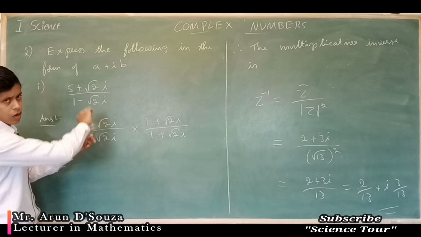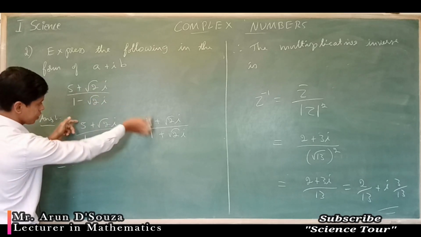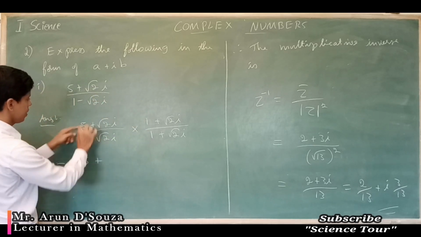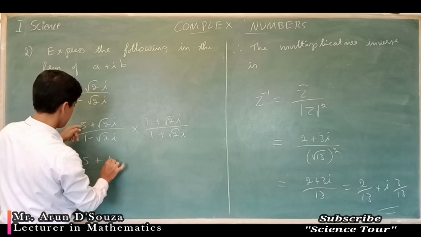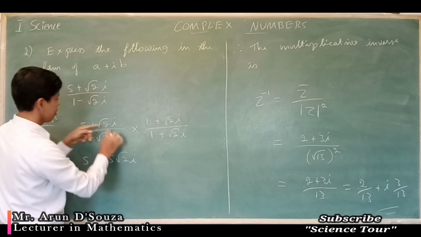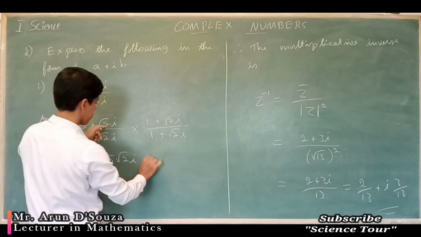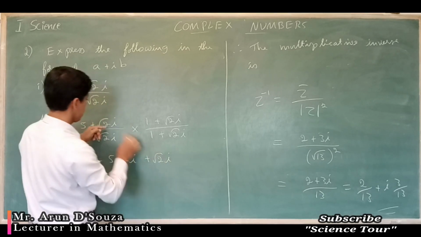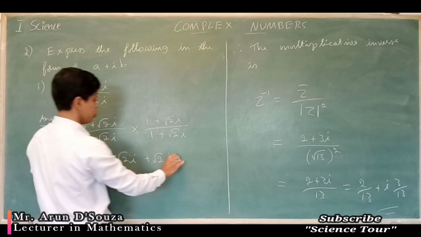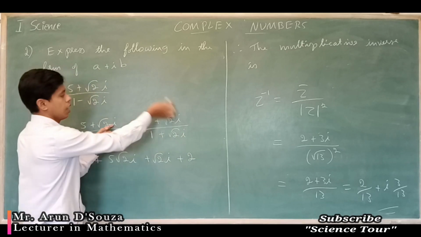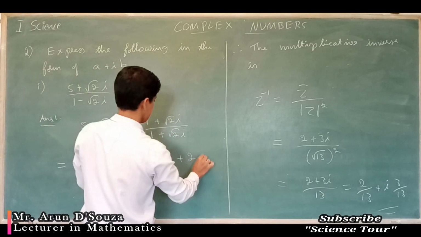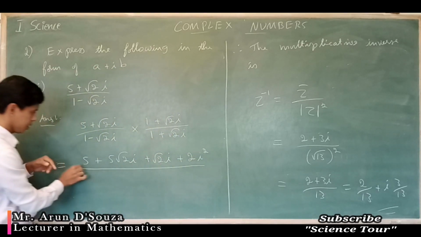Well, so multiply. Alright. So 1 by 1. So 5 into 1. Then 5 into root 2i. Then root 2i into 1. And then root 2 into root 2, that is 2i into i. That will be i square, divided by.